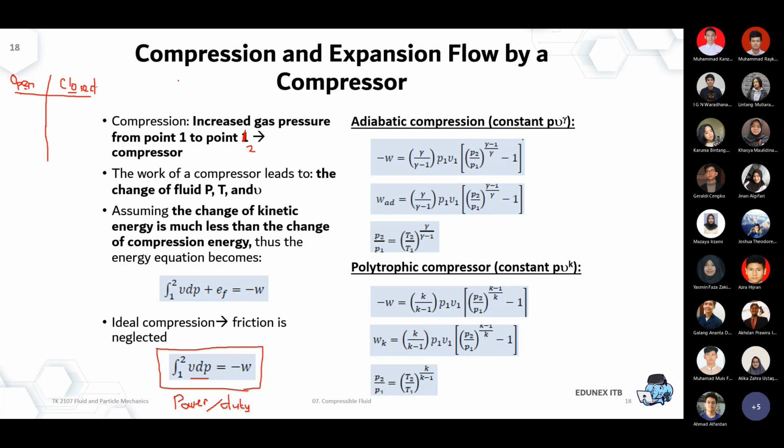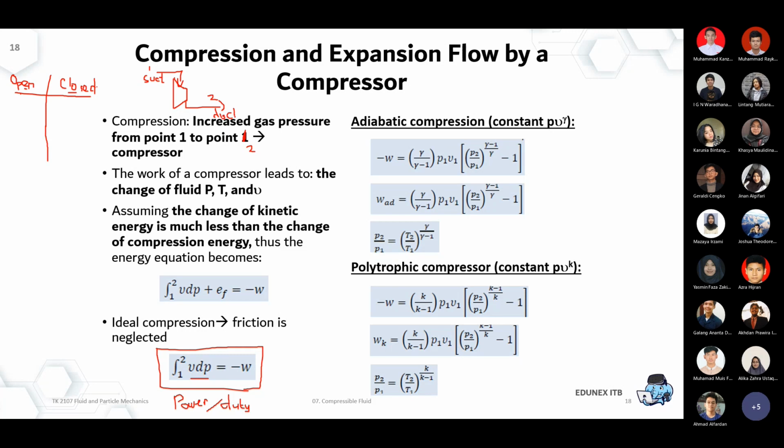Let me draw a very simple illustration of a compressor. 1 versus 2, suction versus discharge. Based on your understanding, can we conclude whether a compressor system is an open or a closed system? Open, sir. Why?